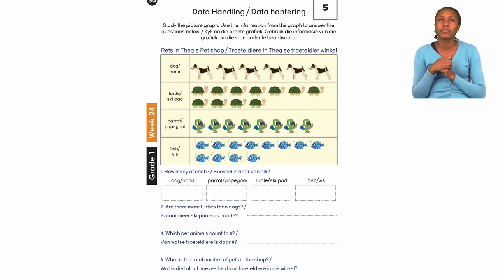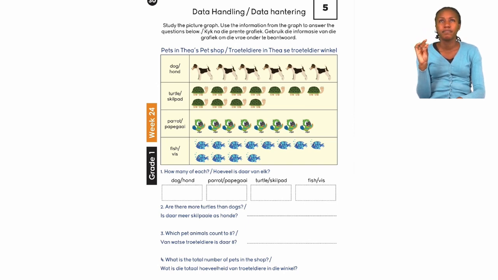Now, before we continue, let's quickly have a look at all the dogs. I want us to quickly go ahead and count all the pets. The dogs, let's count the dogs. 1, 2, 3, 4, 5, 6 dogs.